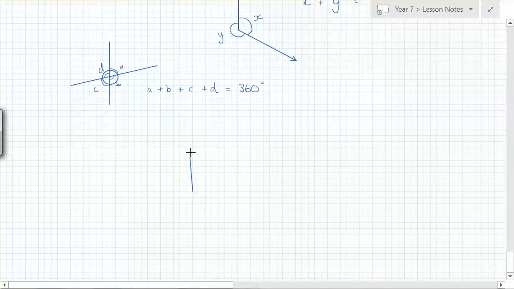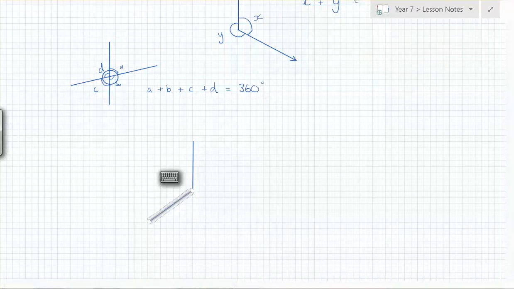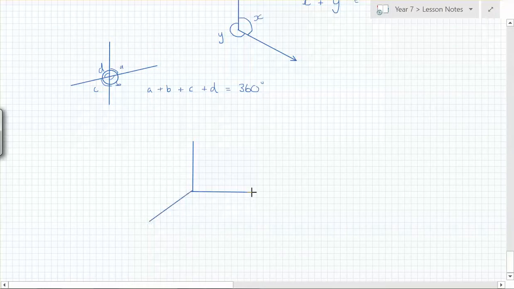If we have a diagram like this, there are three angles. That's a right angle, 122, and the unknown one.